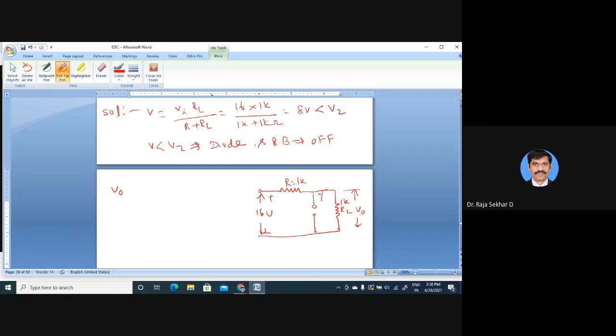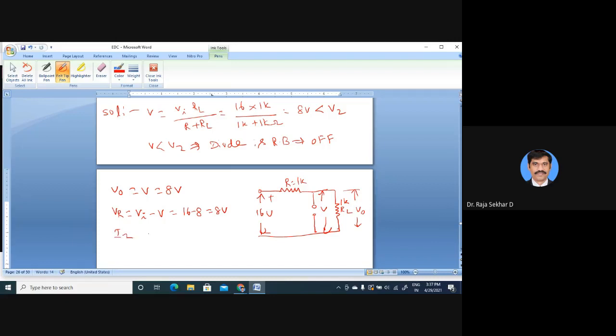This is also equal to V. V naught is equal to V, which is 8 volts. And the voltage across the resistor is Vi minus V, that is 16 minus 8, that is 8 volts.